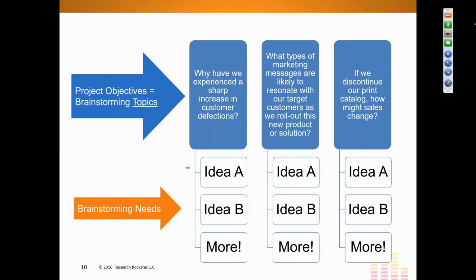Because maybe some of this stuff is less obvious. Maybe it's not just about whether or not sales go down. Maybe it has to do with word of mouth. So yes, if I discontinue that catalog, maybe it's not going to have any impact on sales. However, maybe it's having an impact on word of mouth. So I want to make sure that I capture all of these potentially wonderful ideas.